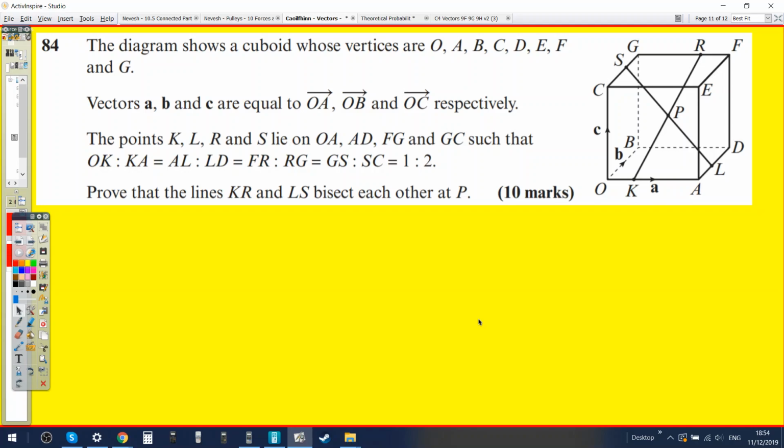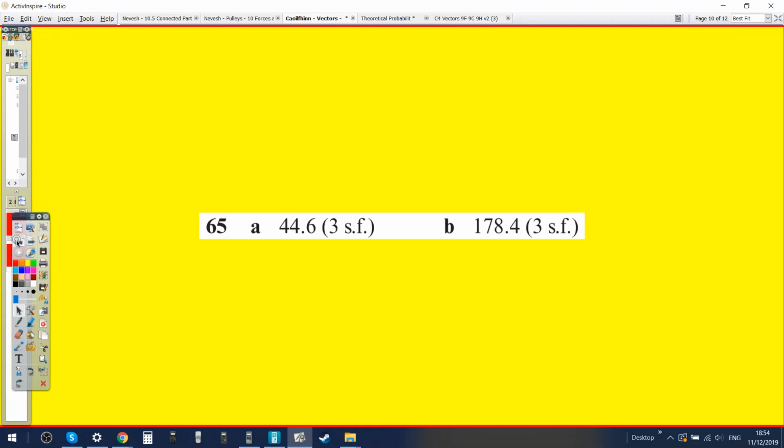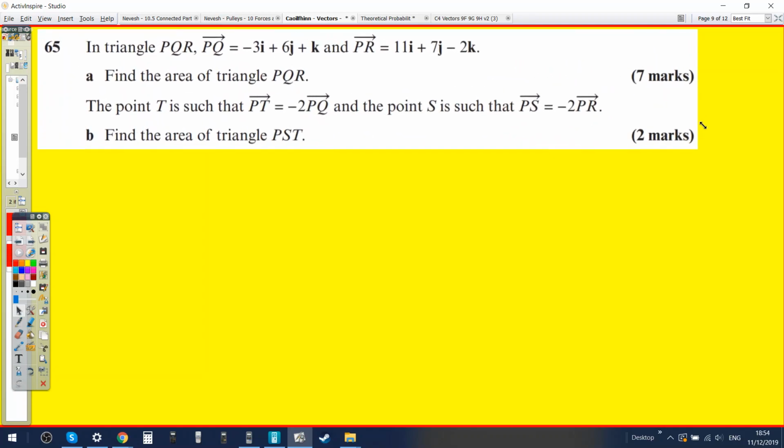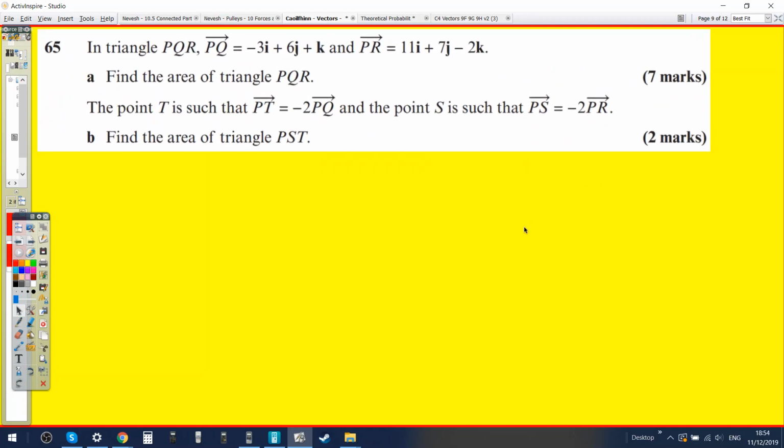Points K, L, R, S such that OK, K to R. Well, that's a thinker. Let's just see what this one looks like. Okay. How would we go about this one?